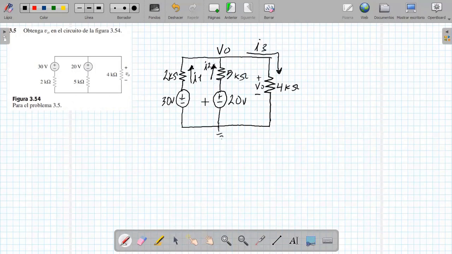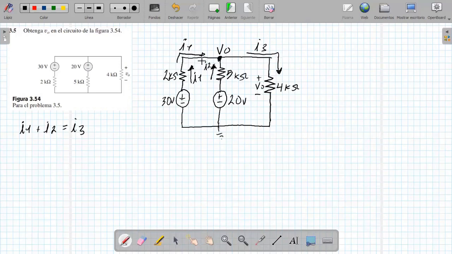Well, now, Kirchhoff's current law says that everything that goes in has to be equal to what comes out. I'm saying that current I1 plus current I2 is going to equal current I3, right? Currents 1 and 2 enter here and from here I3 is released.